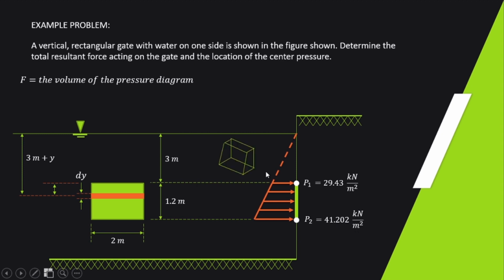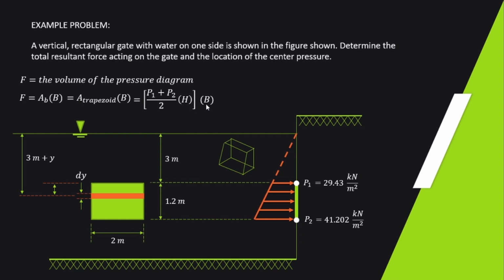If I draw the pressure diagram in 3D, this is what it looks like. And if we solve the volume of the pressure diagram, we get the value of F. So F equals the area of the base times its length or width, which is B. So the area of the trapezoid times B, and the area of the trapezoid is P1 plus P2 all over 2 times its length H, times the width of the plate B.